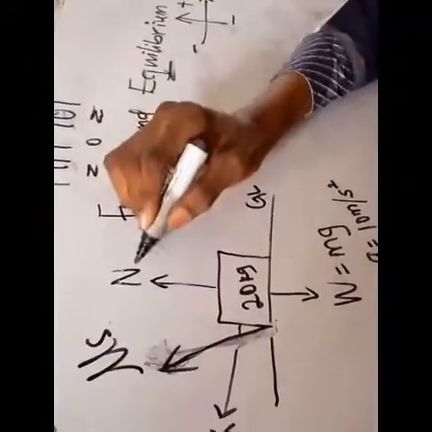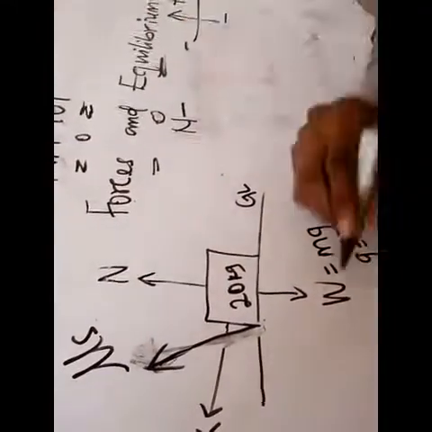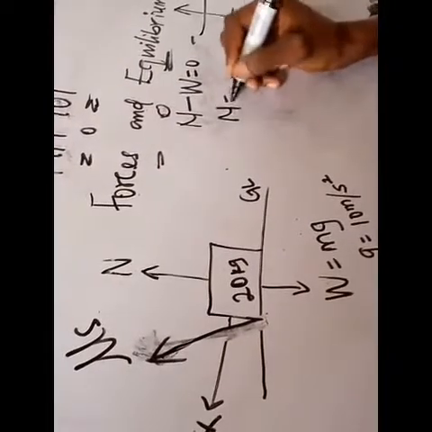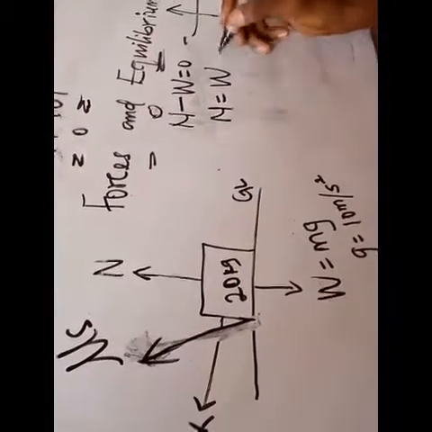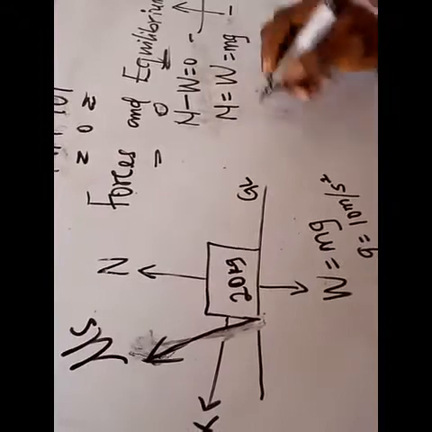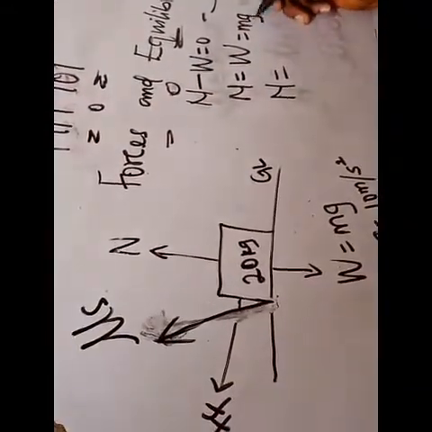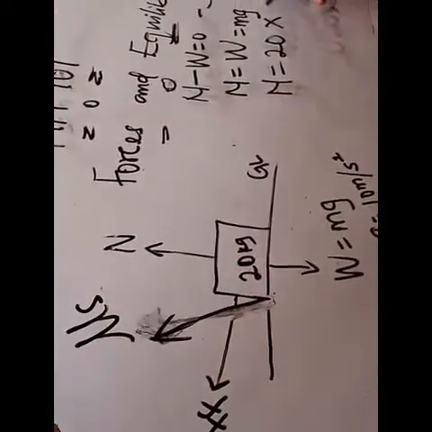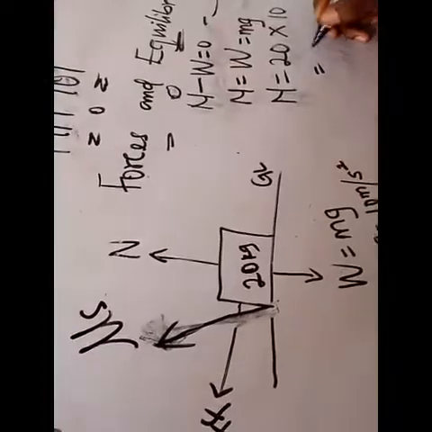That'll be my normal reaction minus my weight equals 0. So my normal reaction is equal to my weight, which is also equal to mg. My m is 20 kilograms multiplied by my g, which is 10 meters per second squared, and I will have it as 200 Newton.